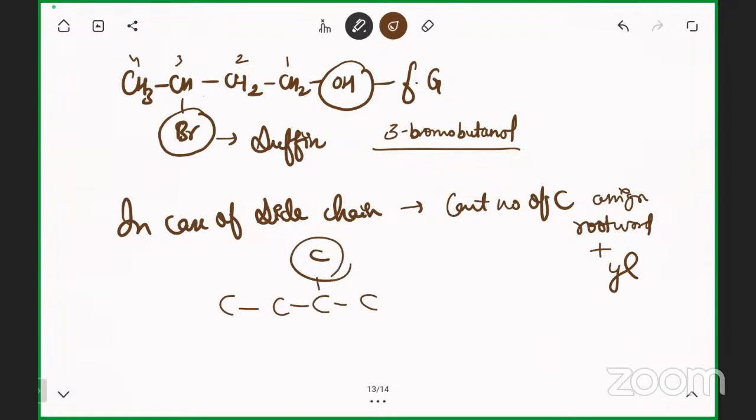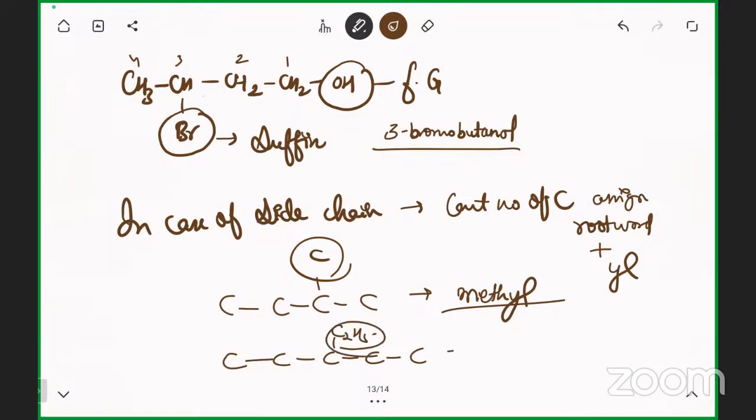So the number of carbon is 1, the root word assigned is meth, and at last you add YL. It will be methyl. For example, C, C, C, C, C. Here we have C2H5, so we have 2 carbon in the side chain. The root word assigned is eth, and at last you add YL. That is called ethyl. So you have to do the numbering like this.